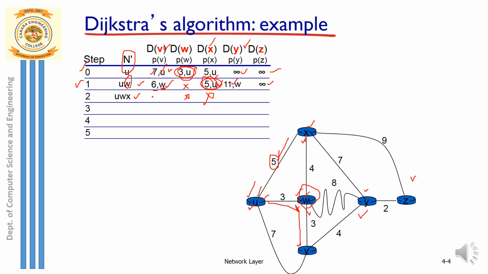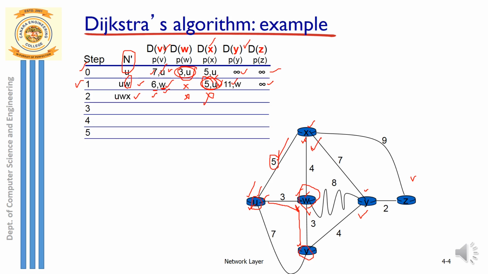So U to V, how do you calculate? Now I'm going to calculate via the nodes W and X. I already have a distance that I entered earlier, which was 6, via the node W. Is there any other shortest path to reach node V from the source node U via this node X?